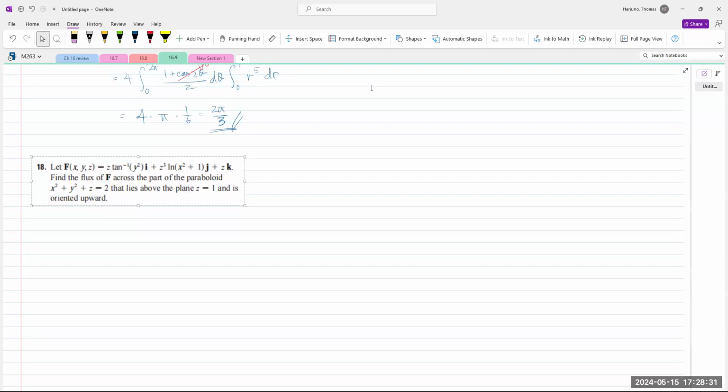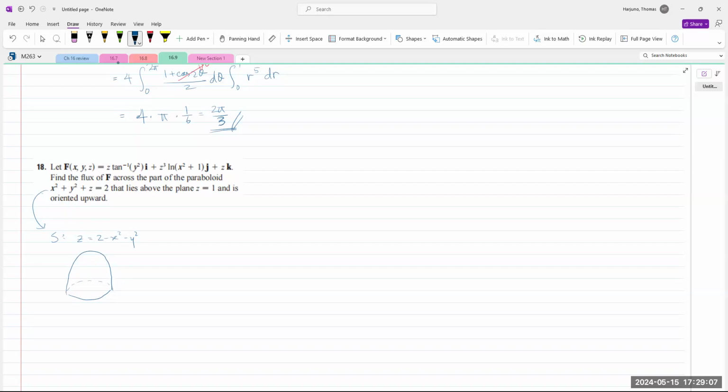Find the flux of F across the part of the paraboloid that lies above z equals 1 and is oriented upward. So this paraboloid here, this surface here, is given by z equals 2 minus x squared minus y squared. Now notice that the flux over that paraboloid, just the paraboloid, that is not a closed surface. It's not a solid.